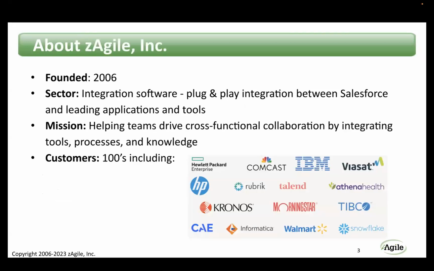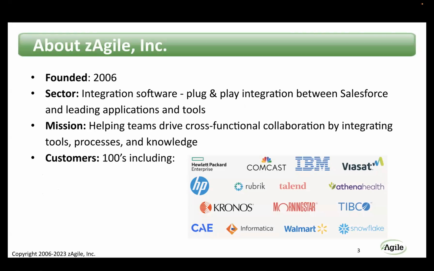So about zAgile, zAgile was founded in 2006, and from the very beginning, our focus has been on bringing cross-functional teams together, integrating tools, processes, and knowledge so that they can work a lot more effectively. More specifically, we're focused on customer support and engineering.